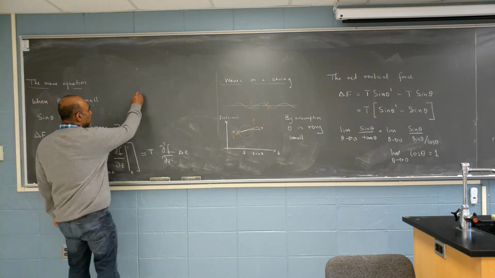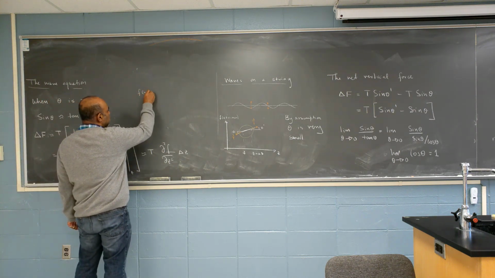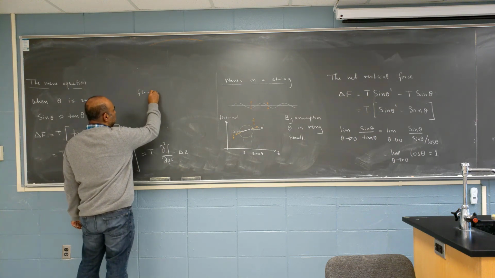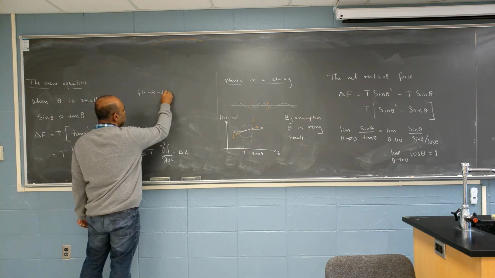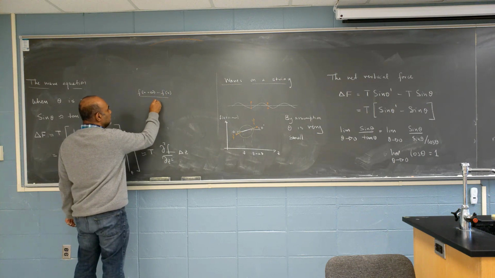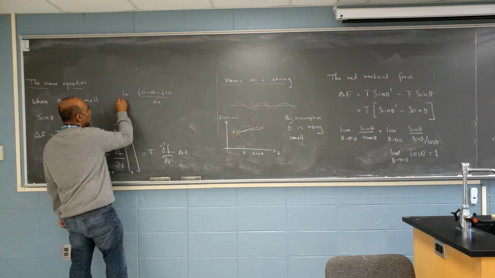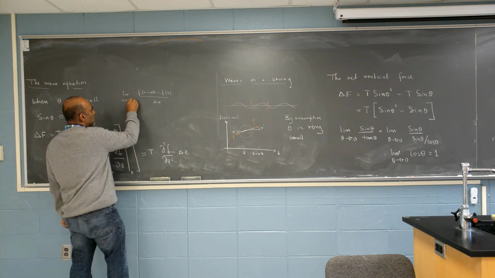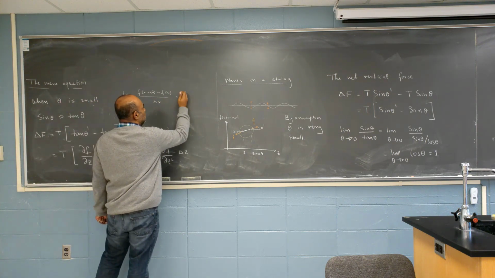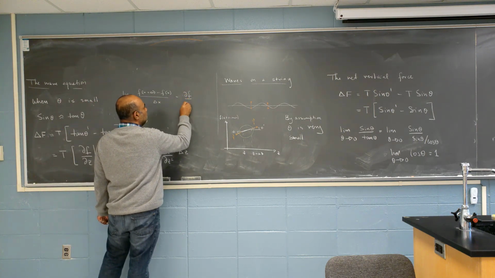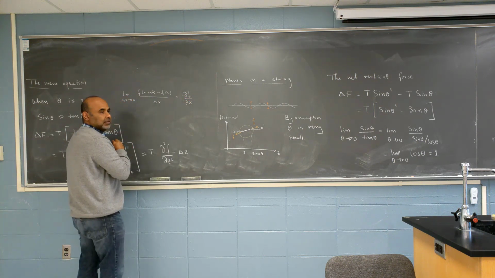See, if I have f of x plus delta x minus f of x over delta x, limit delta x goes to 0, that's equal to df dx.